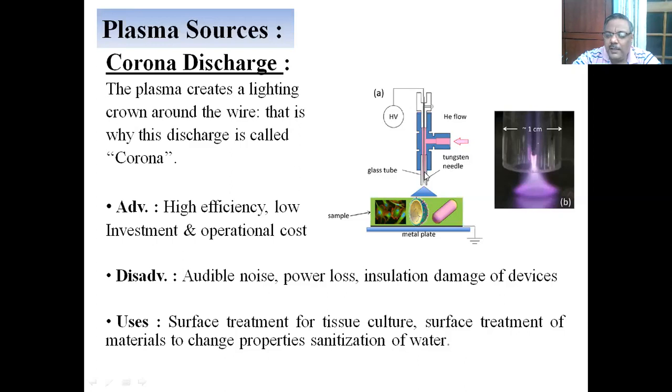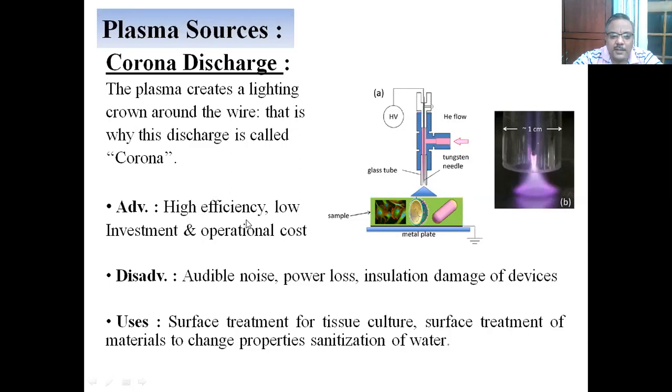You can take a simple metallic needle, like the one previously used to inject into human bodies and animals. We can insert a tube into that needle, and gas under high pressure flows through this tube. On this metallic needle, we apply high voltage so that the gas flowing through the tube ionizes, and we get the plasma on the tip of the needle.